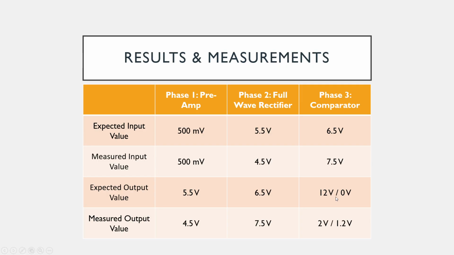And our expected output value for the comparator is a little bit different, but that's just because in the simulation, we didn't connect the output of the comparator op amp to an LED, but they both had the same form, and the LED was still turning on and off.